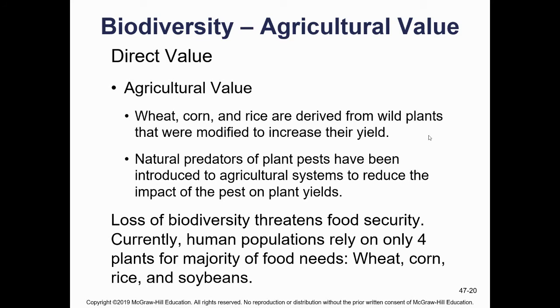So biodiversity for agriculture has direct value to humans, obviously, and a loss of biodiversity is a big threat to food security for human populations. One of those losses of biodiversity that's human-driven is that through agriculture we have selected and promulgated 4 main species to meet all of the major food needs of humans.